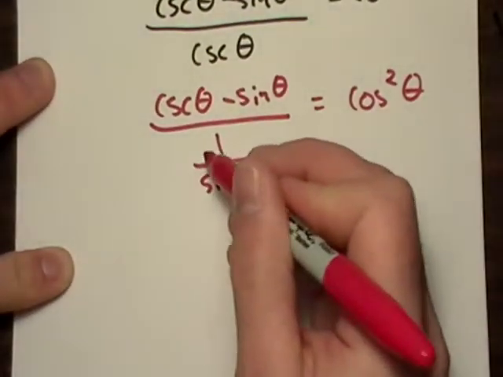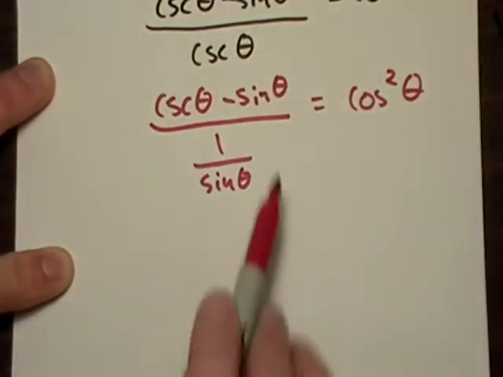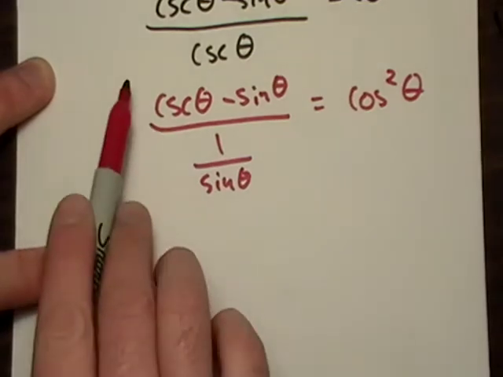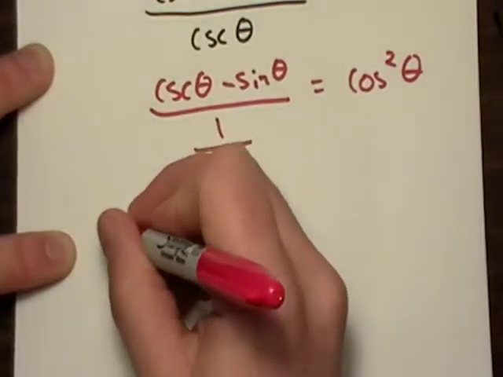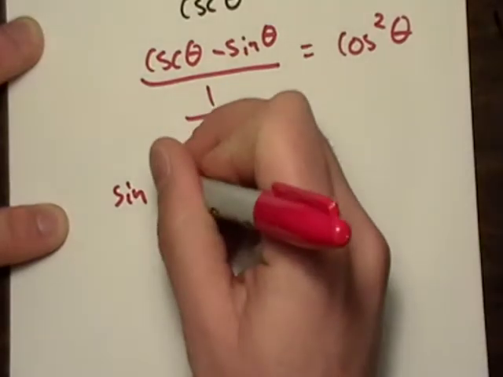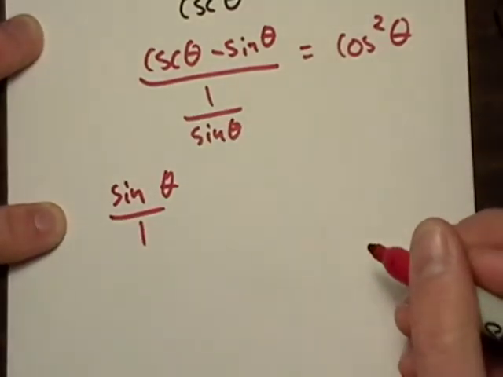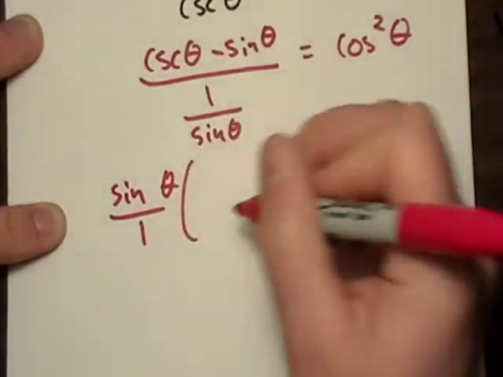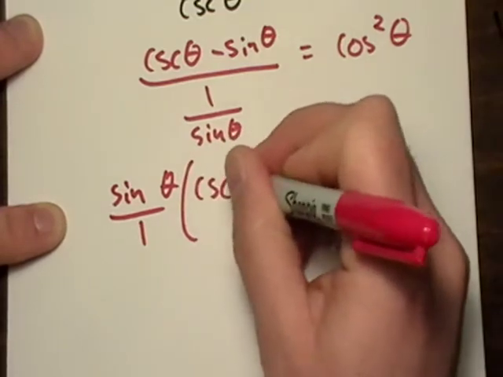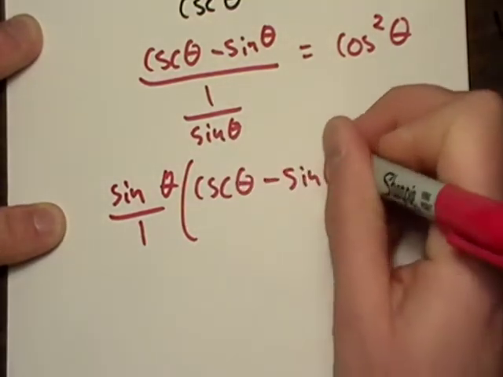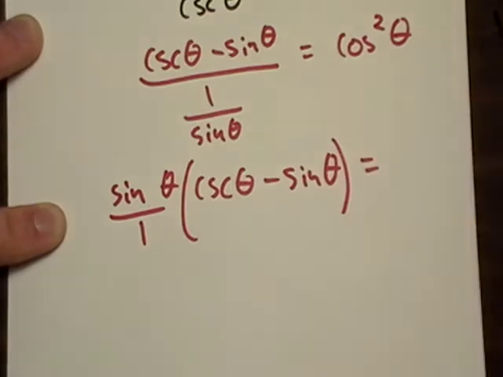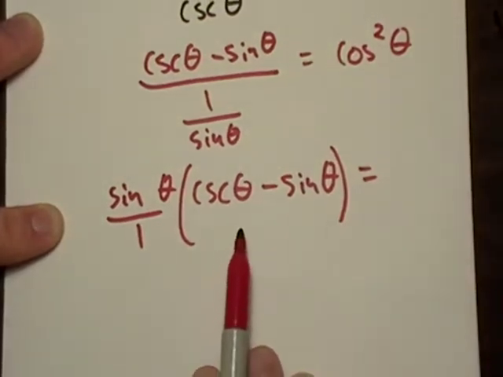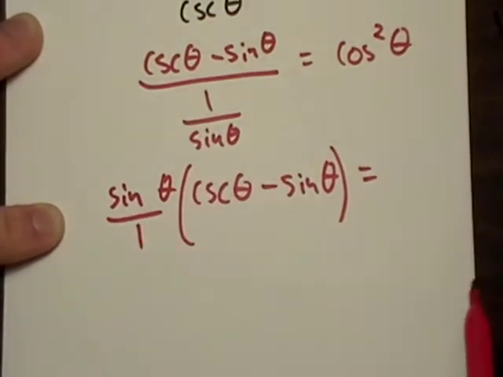I'm going to flip 1 over sine theta upside down, and I'm going to put it in the numerator, so it's going to look like this. Sine theta over 1, I just flipped it upside down. Okay, you see how I did that? Now it's in the numerator.